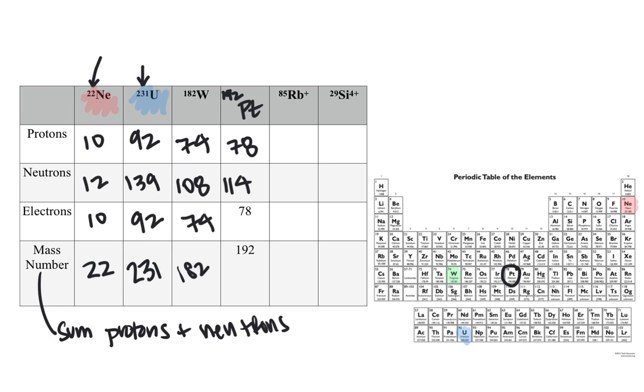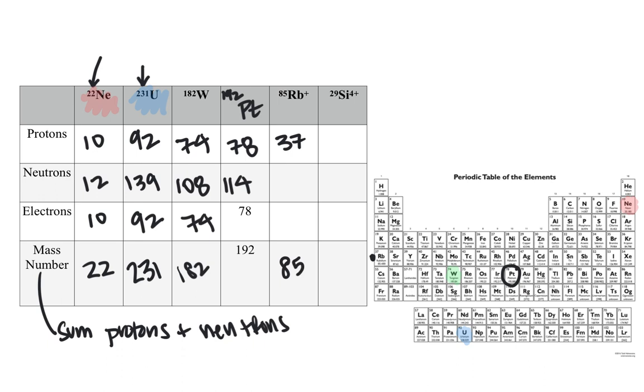So this is a pretty simple calculation, but let's look at some ions. So we have rubidium, which is right here. And so we know that rubidium has 37 protons because you cannot, under any circumstances, change the number of protons. We also know that it has a mass number of 85.